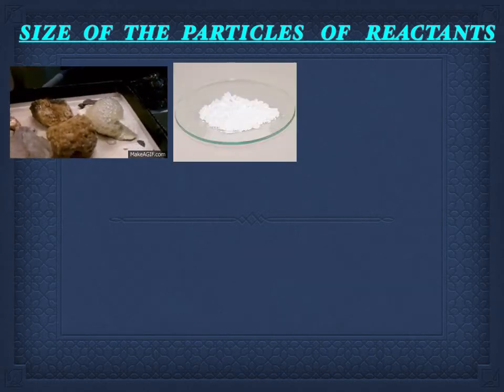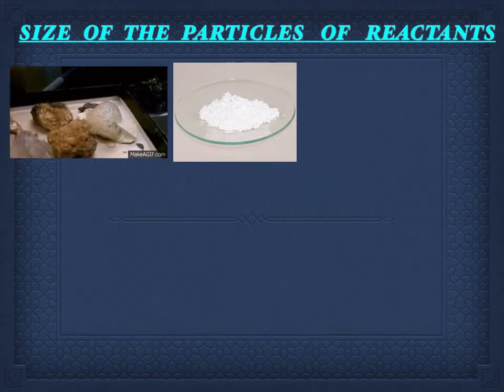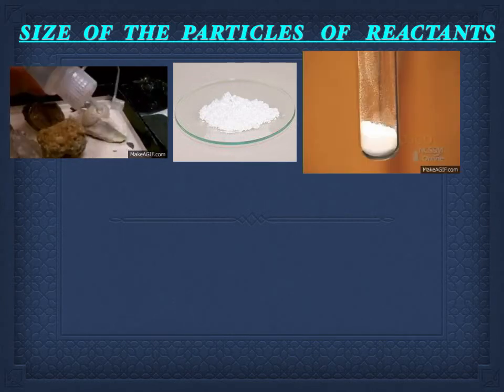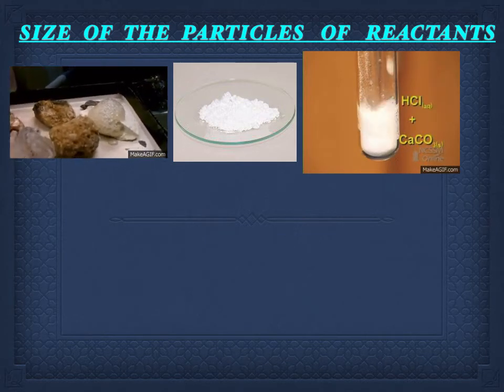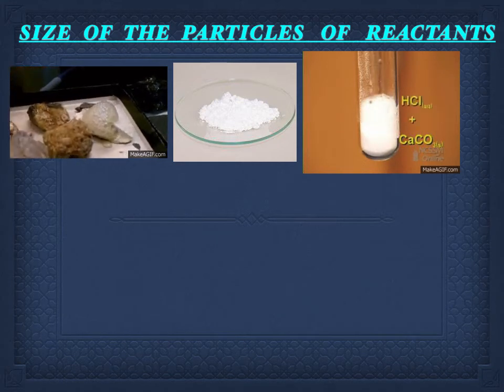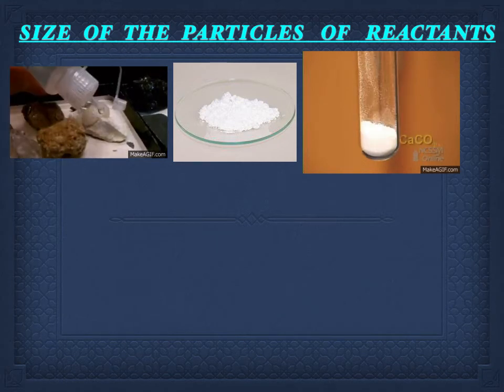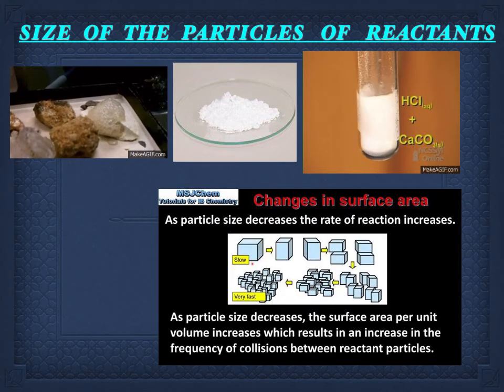You will see that the carbon dioxide effervescence is formed slowly with the pieces of shahbad tile while at a faster speed with the powder. So, the above observation indicates that the rate of chemical reaction depends upon the size of the particles of the reactant taking part in the reaction.